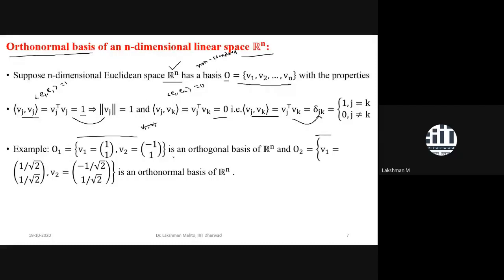So it is all just related to normalization. So see here.